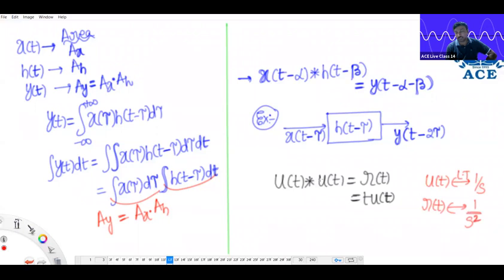On the left side it is 1 by s into 1 by s, which is the Laplace transform of the ramp signal. So whatever problems we are solving now, we require this hint: u(t) convolved with u(t) is ramp.